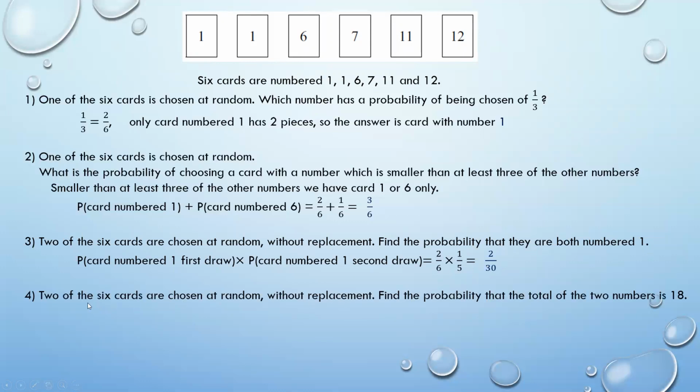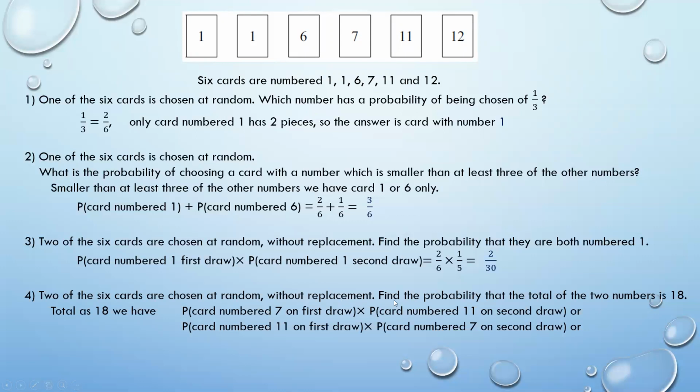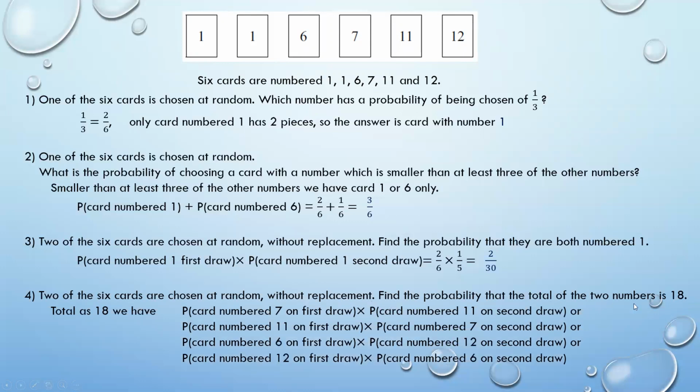Question 4. 2 of the 6 cards are chosen at random, also without replacement. What is the probability that the total is 18? In order to get 18, you can see we have many choices: either 7 plus 11, or 11 plus 7 also can. These 2 are different events.